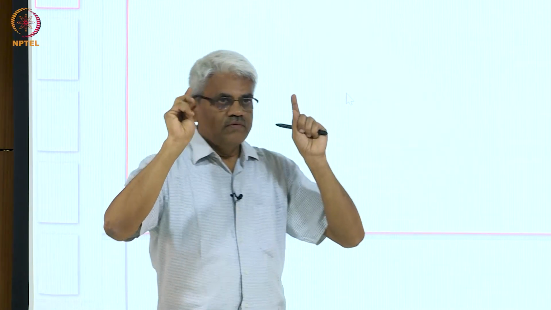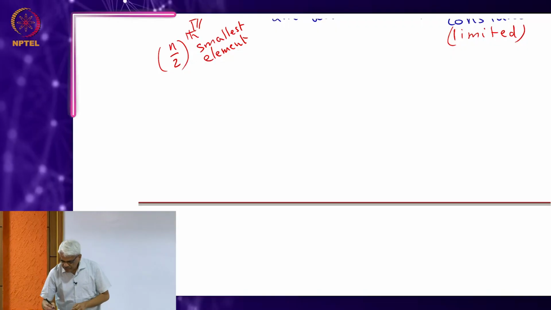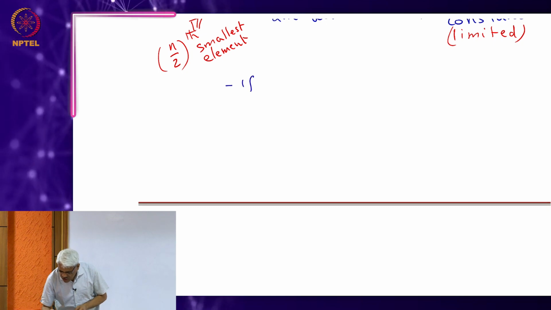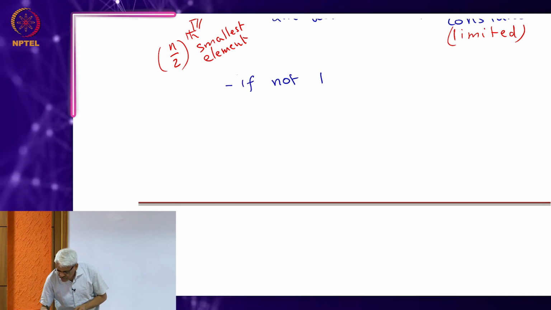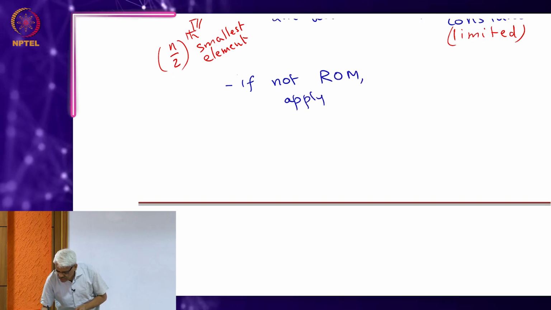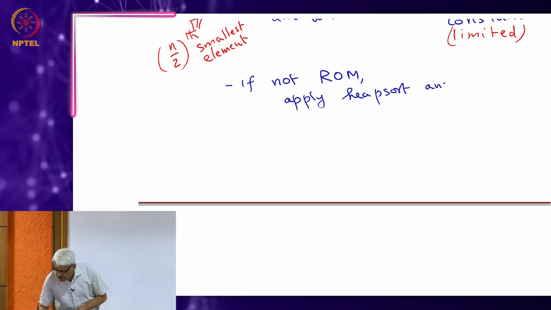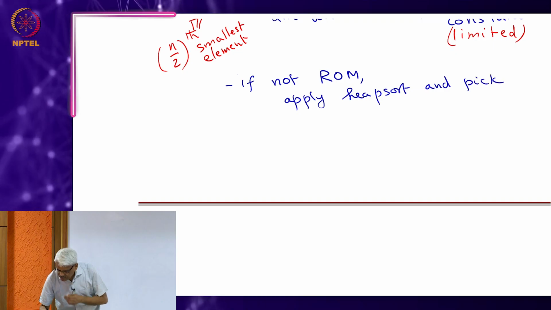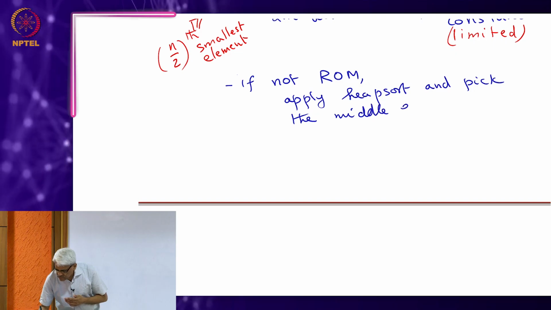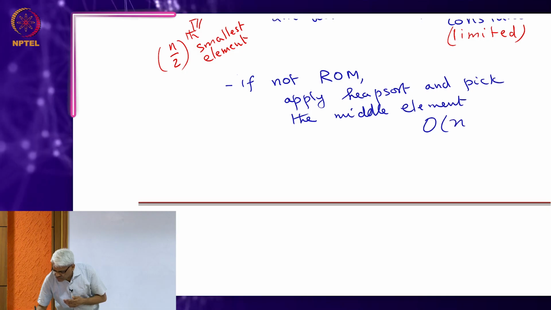I want you to go back and check and understand this. So if not read-only memory, then you can apply heap sort and pick the middle element. That's order n log n time.